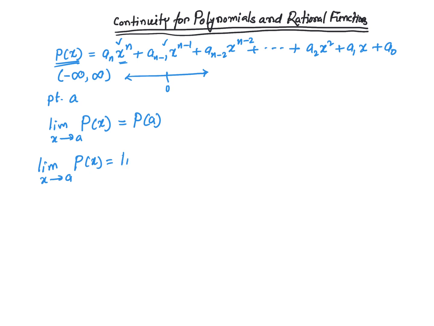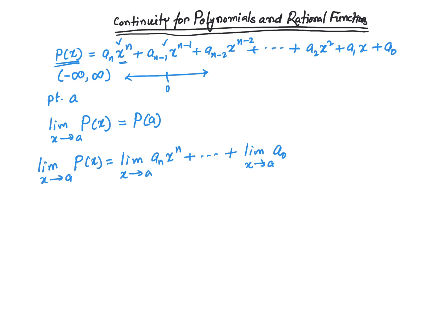So I'm just going to write it out: limit x approaches A, a sub n, x to the power n, plus dot dot dot, plus the very last one, limit x approaches A, a sub 0. Now please don't be confused by these notations. It's very simple. It just looks like a lot more mathematical than it is, right? You are just applying the limit definition. So limit of the sum is sum of the limits.